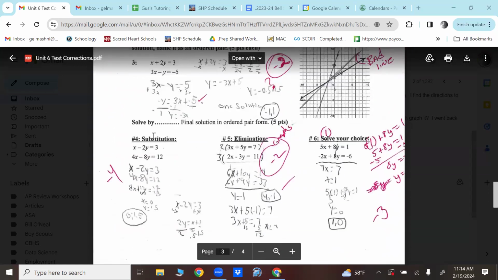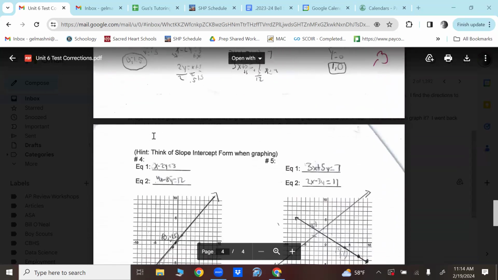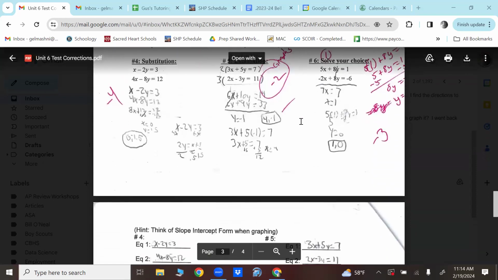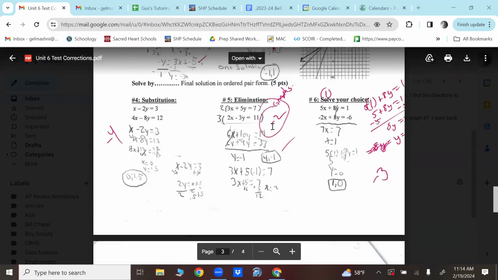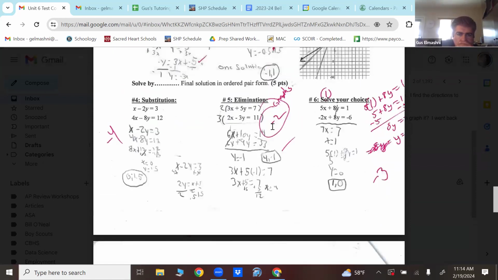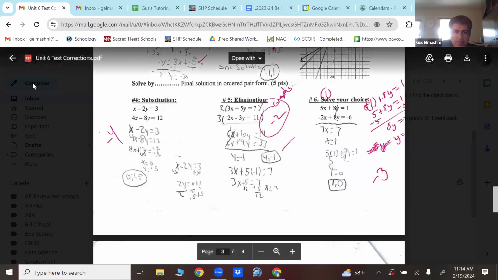Okay, let's look at 4. You're told to do this by substitution. You're not doing substitution. With substitution, we have to get one letter by itself. Well, you kind of did. You got y, but it would actually be much easier with x. But then you're not really substituting into the other equation. That's the problem.